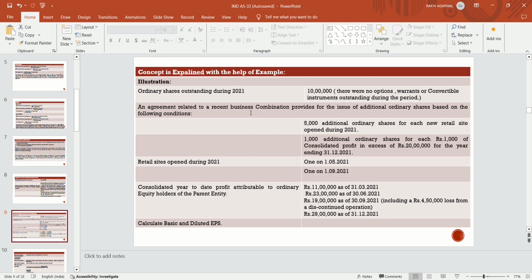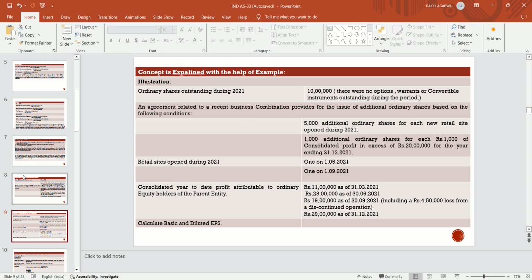So we have to calculate the basic EPS and diluted EPS in an annual concept way and also in a quarterly way. Firstly we will calculate in an annual concept way, because in this question the financial year is from 1st January to 31st December.